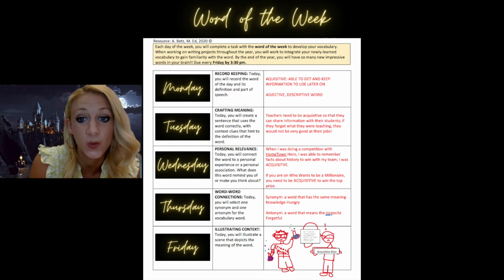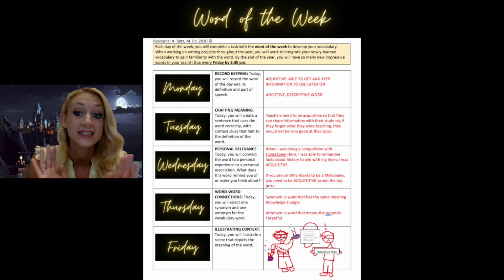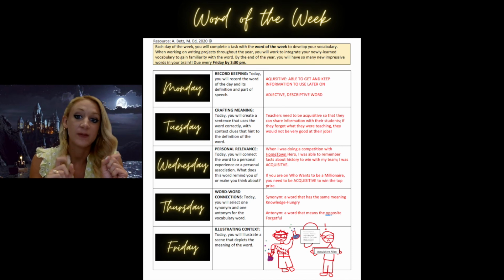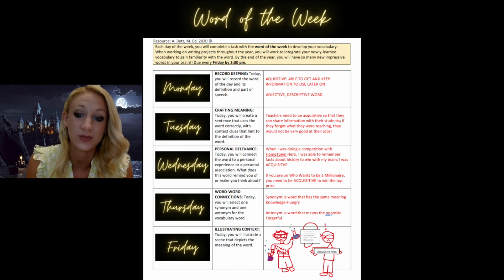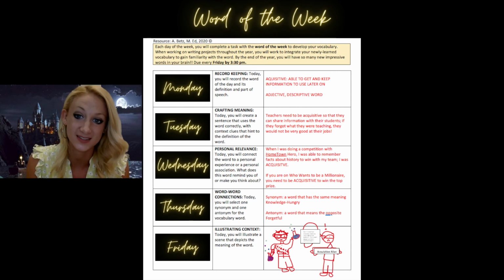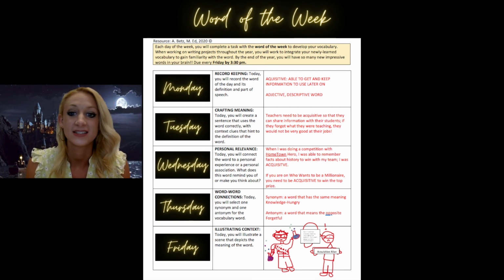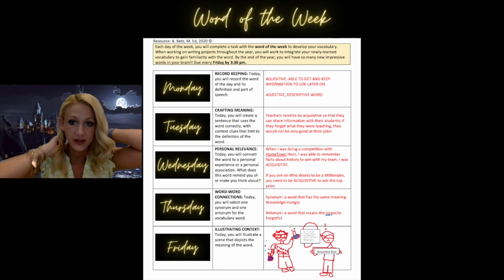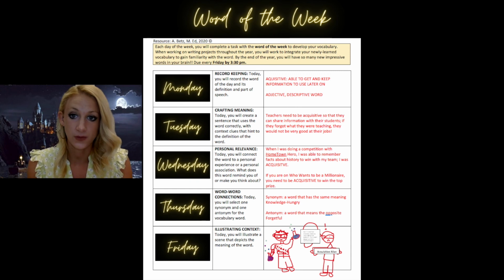I made a character, Acquisitive Alan, who's saying, wait a minute, I know that if we combine these two chemicals, there's going to be a terrible reaction. And so he stops the scientists from the terrible mistake. So Acquisitive Alan is applying his knowledge of chemistry to save the day. So that's just kind of like an illustration I created that demonstrates the meaning of the word. So you're going to illustrate any scene that you want. It could be real, it could be imagined, that shows the definition of the word.